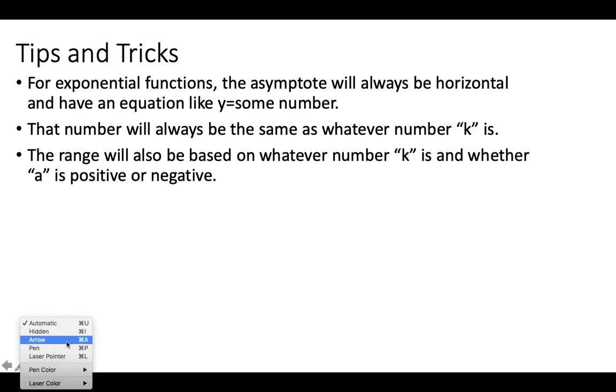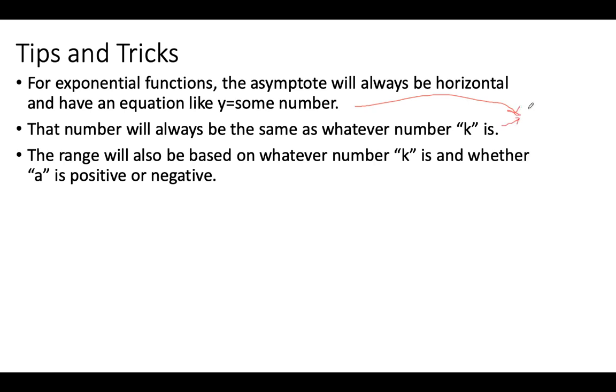I can go back over here really quick and just point out that these two come together just to say the equation will be. So if I ask for the equation of the asymptote, you should put y equals and then whatever number is in the k spot from the equation.